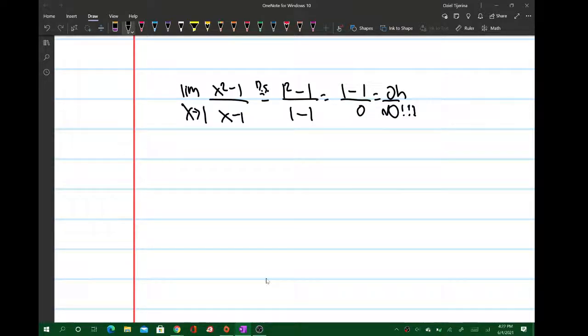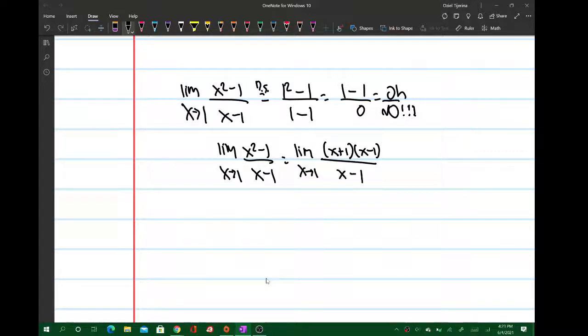You're going to factor. The limit as x approaches 1 of x squared minus 1 over x minus 1 is equal to the limit as x approaches 1 of the quantity x plus 1 times x minus 1, factoring the top, over x minus 1.